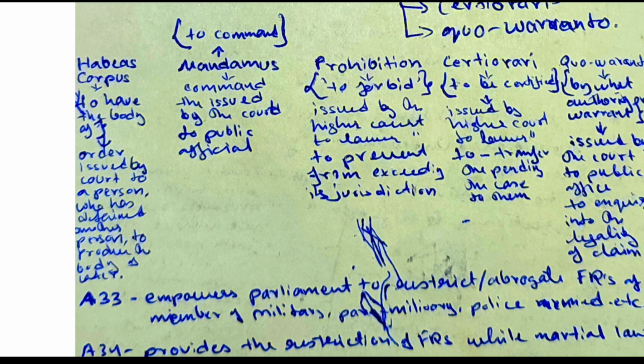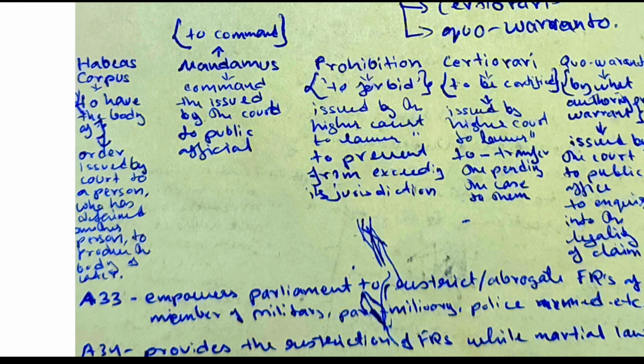Habeas corpus literally means 'to have the body of', and it is issued by the court to public officials or a person who has detained another person, to produce the body before it. Next is mandamus. Mandamus literally means 'to command', and it is issued by the court to public officials to perform their duty, either because they have refused to perform it or have not performed it. Next is prohibition.